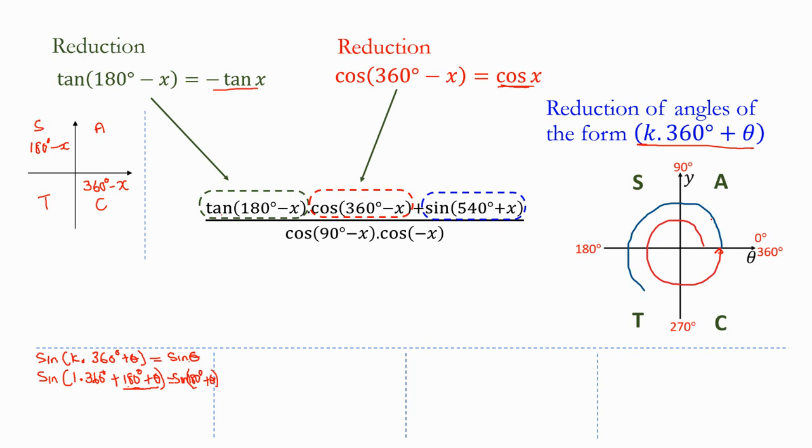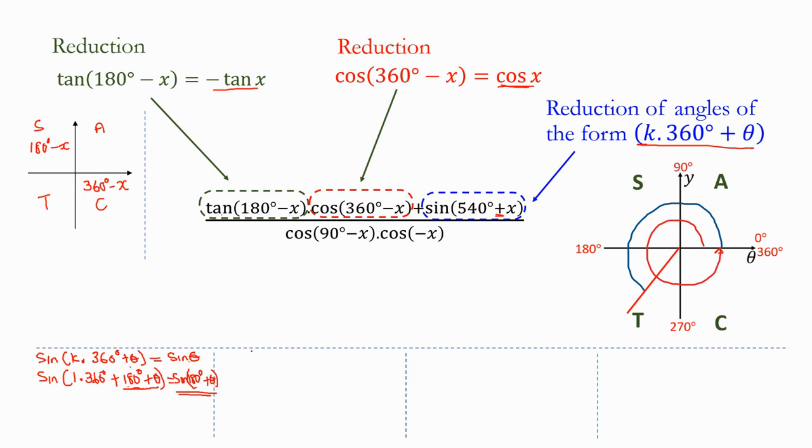And then we have 180 plus x, which means it's in the third quadrant. That's why this is equivalent to sine(180 plus theta). Whichever way you can use the diagram, if you understand it, or use what I've explained here.